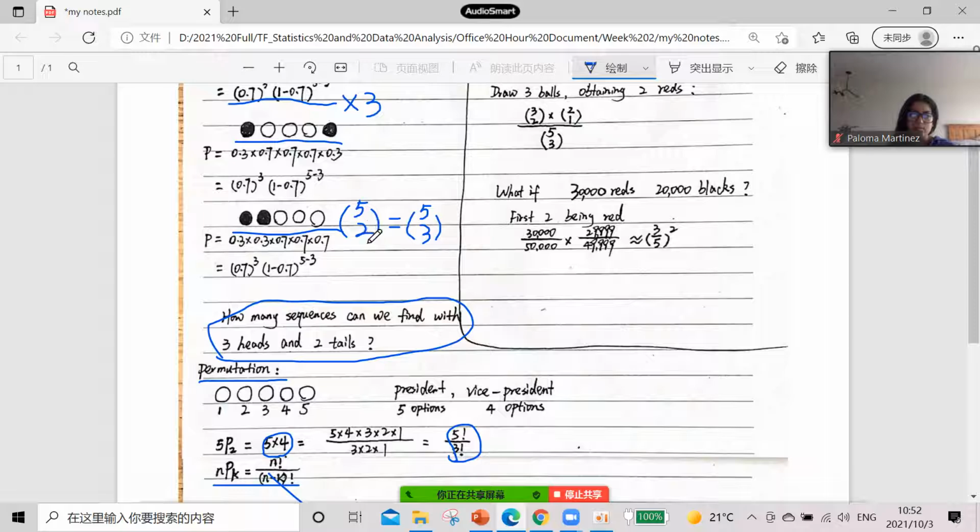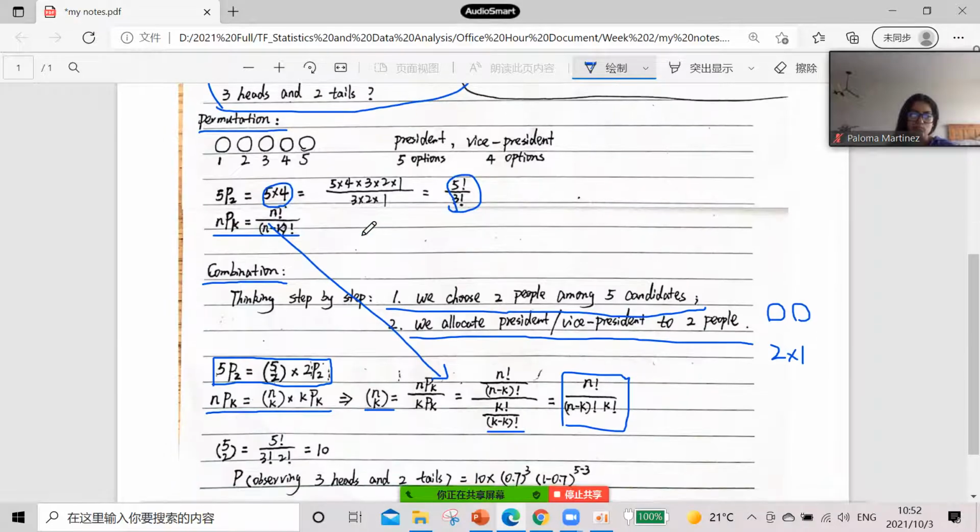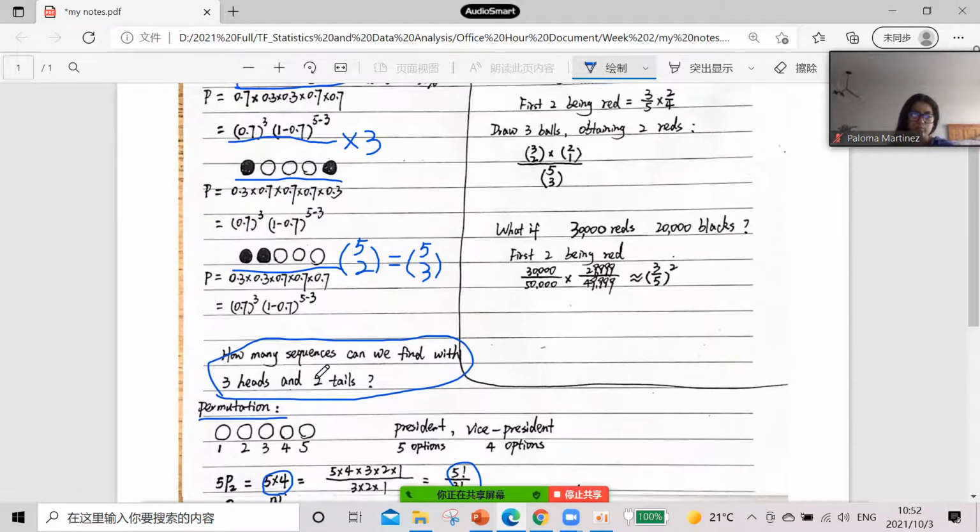So n choose k is essentially equal to n choose n minus k, and it makes your calculation a little bit easier sometimes.